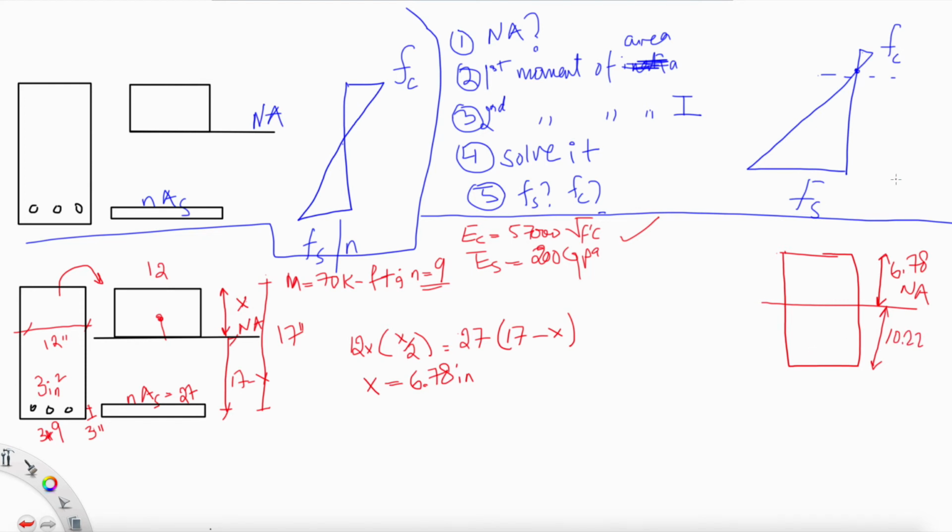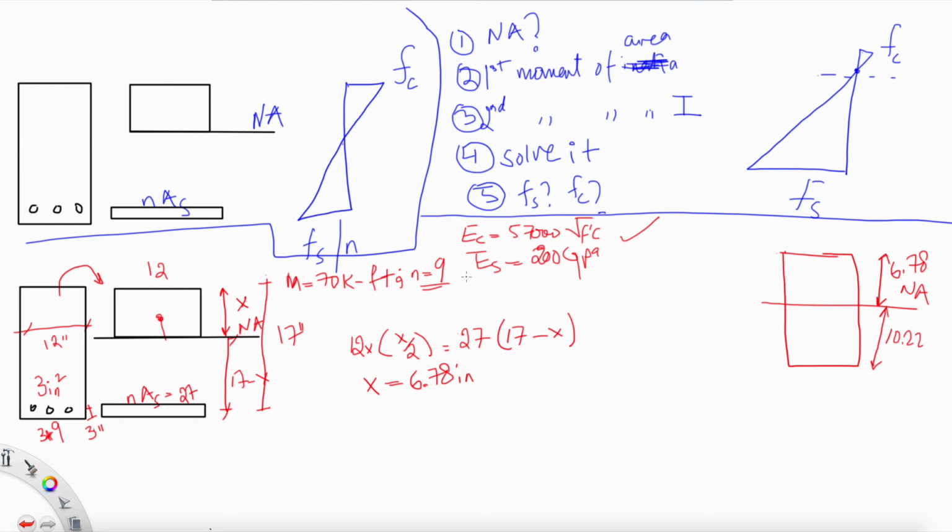So we understand where it is. It's almost in the middle, which gives you an indication that it's still not yielded. We are in the service stage, because if it were really yielded, the neutral axis would be somewhere higher up. We're going to talk about this next lecture. All right, so that's the neutral axis.